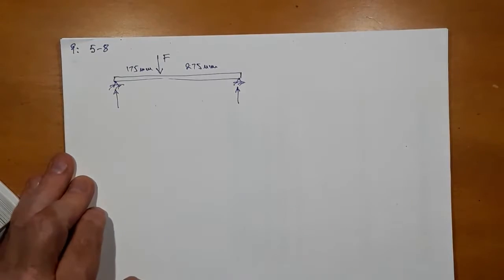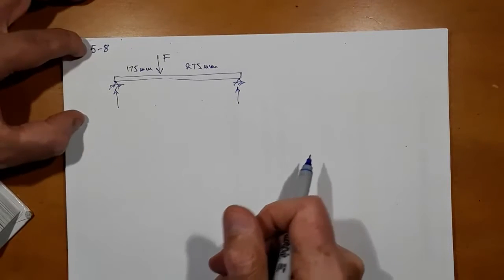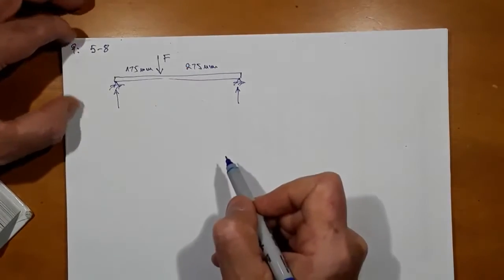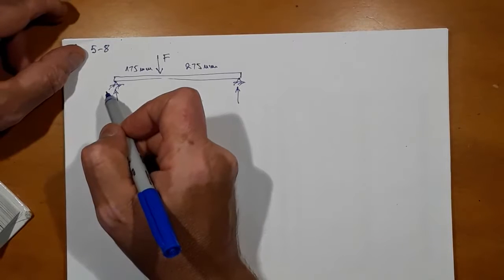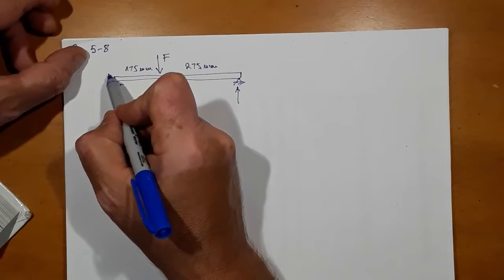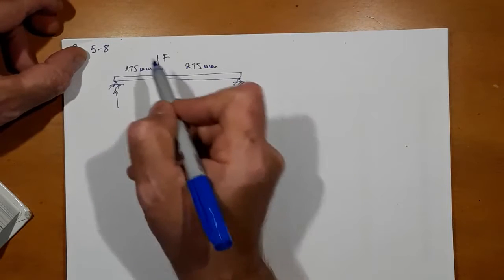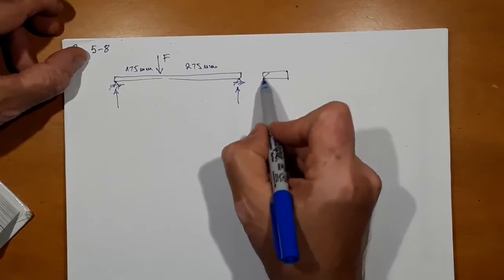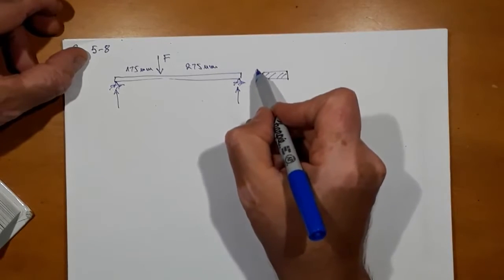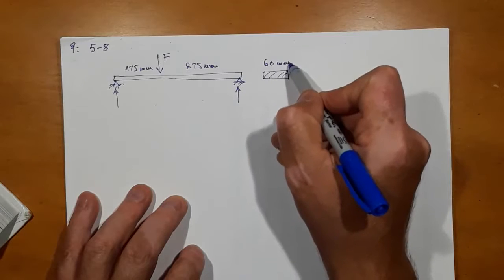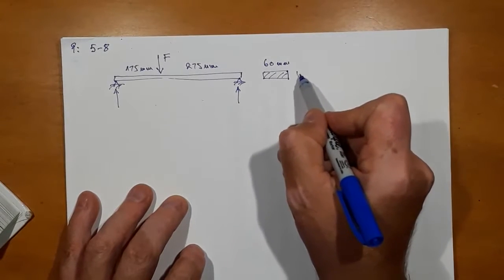Reactions at the supports. We can, of course, sum moments about points which are not labeled, although there's an AA cross section. So it's 60 millimeters by 12 millimeters.